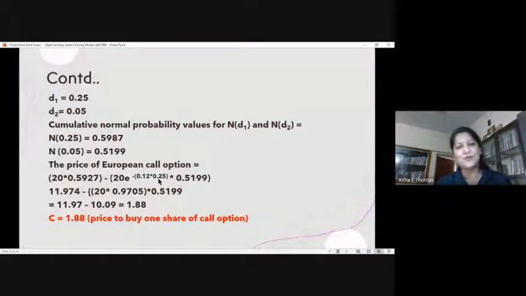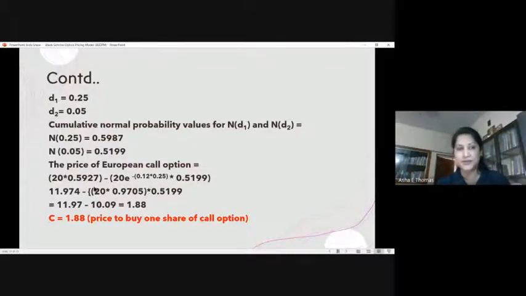Now this is something which we take from the table, that is from our anti-logarithm table, into this. Once we compute this, the whole into 0.5199.